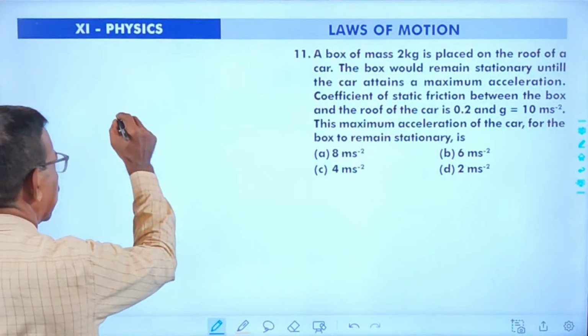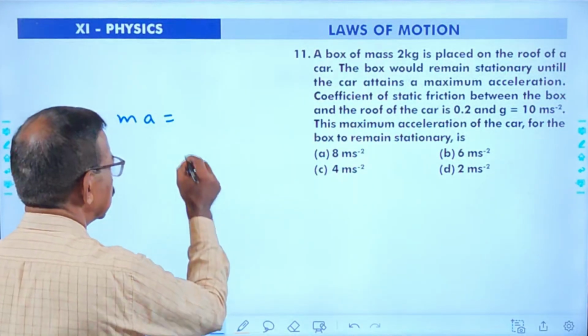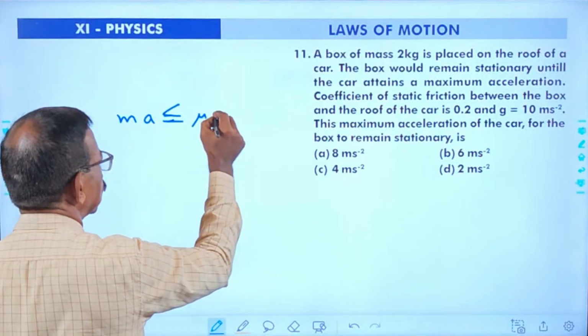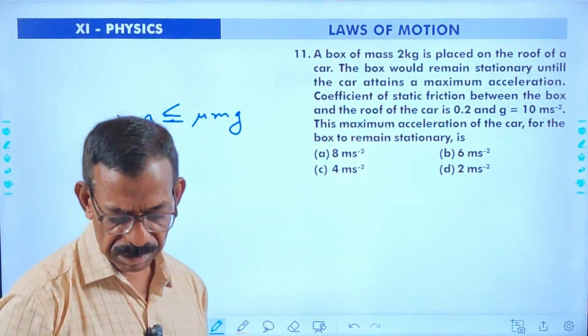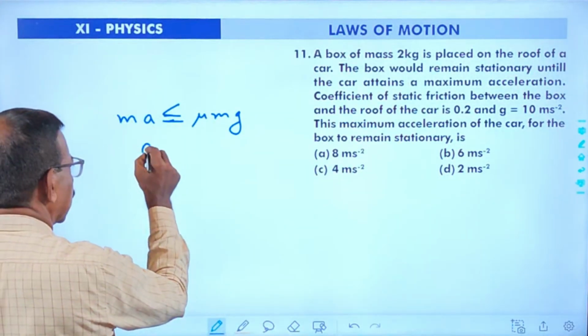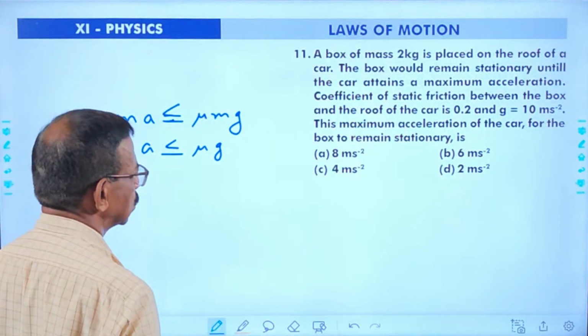The force is given by F equals ma. This should be less than or equal to mu mg. Then only it can remain there. That is, a less than or equal to mu g.